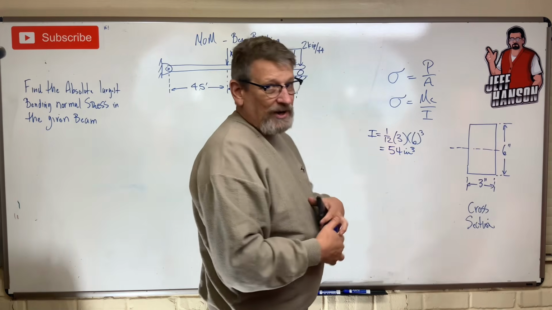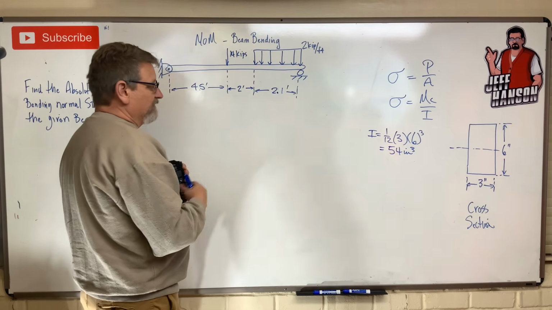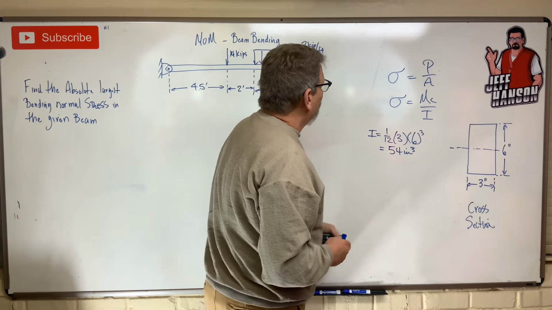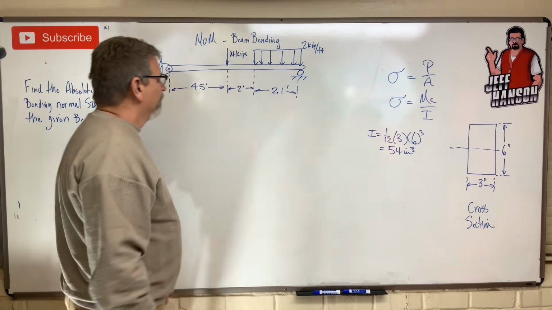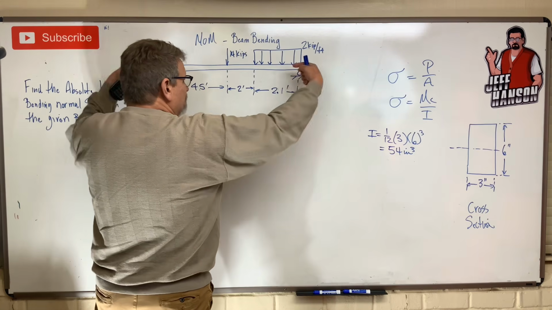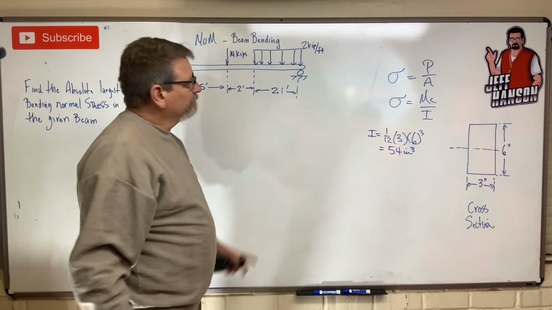Now, here's a question for you. Just looking at this problem here, we're going to do some other things, like we got to calculate what is M. Is there any P over A stress in this problem? Is there any point of this beam that experiences compression or tension due to a force?